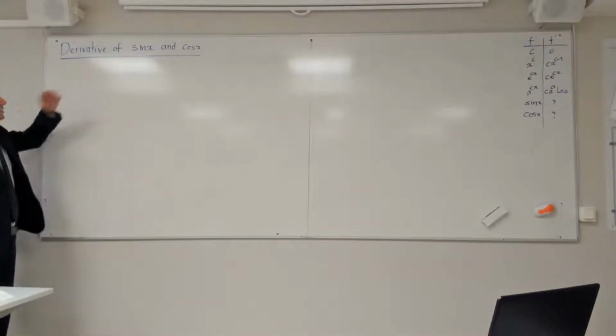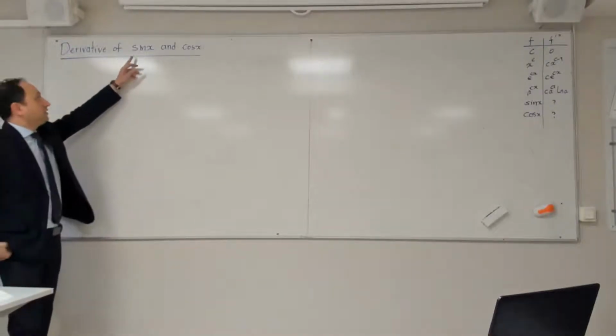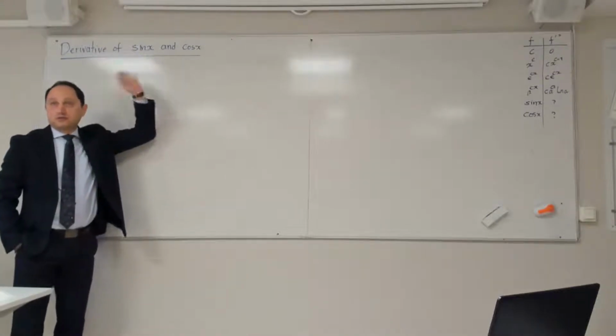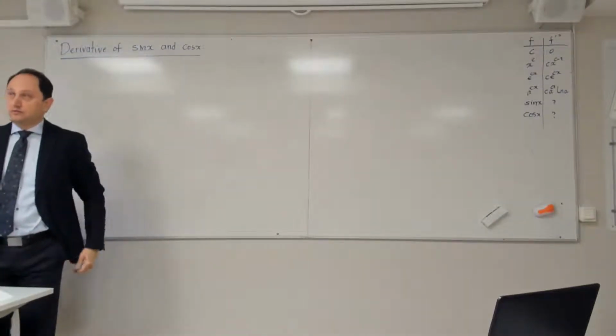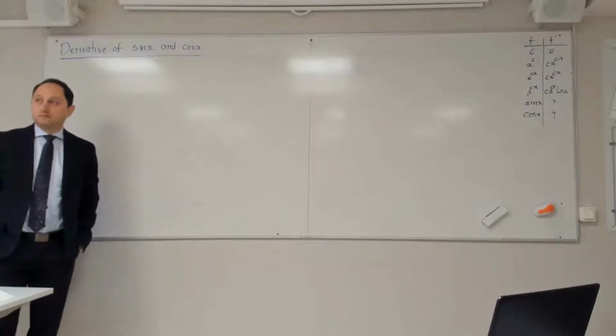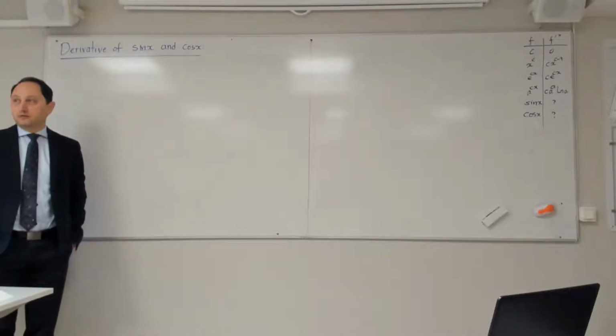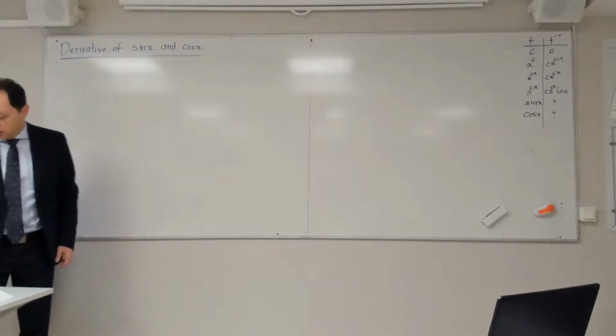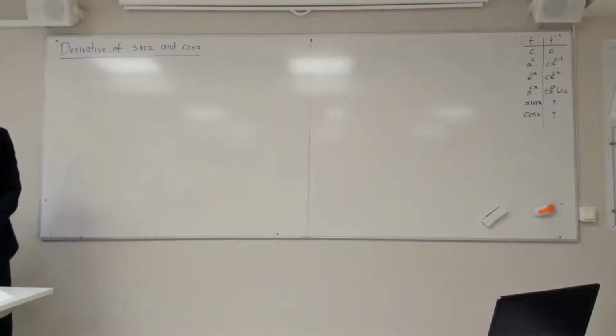Okay, so just talk to me. I want to find the derivative of sine of x. What would be the starting point? Yes? Use the definition. Yeah, that's the only way. We cannot do anything except that.